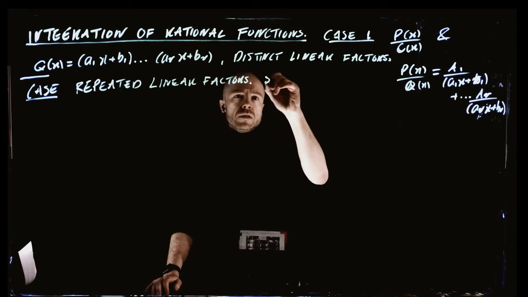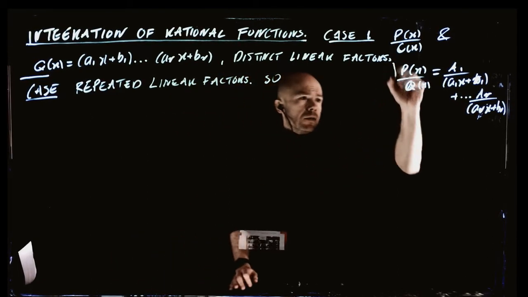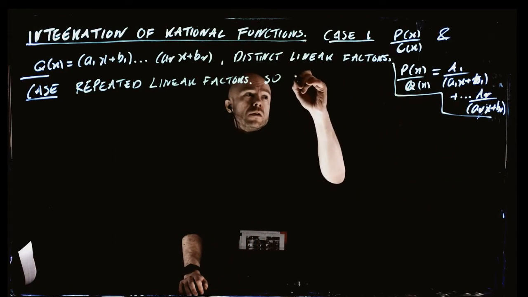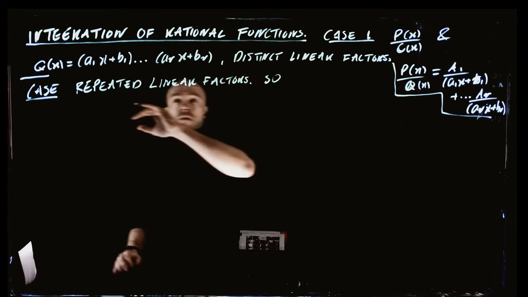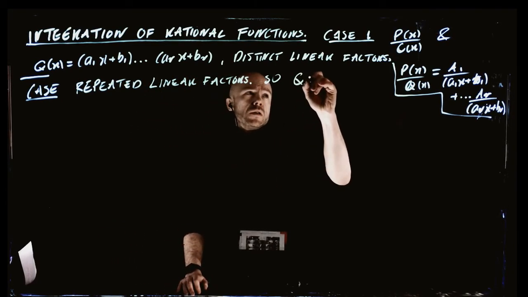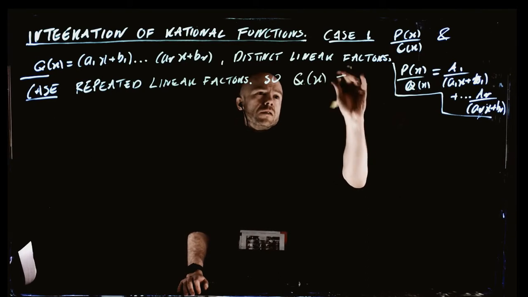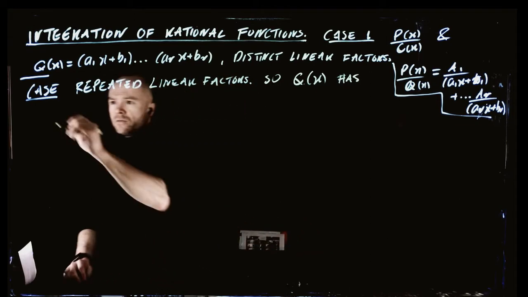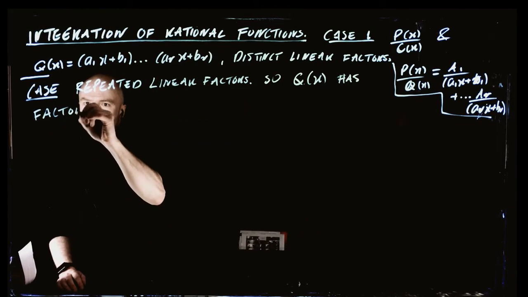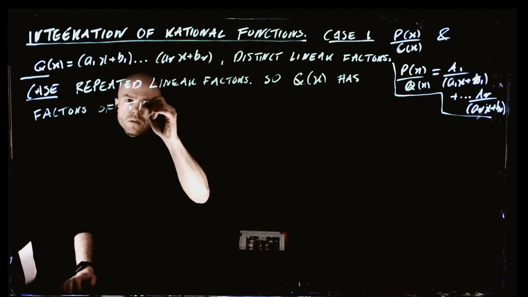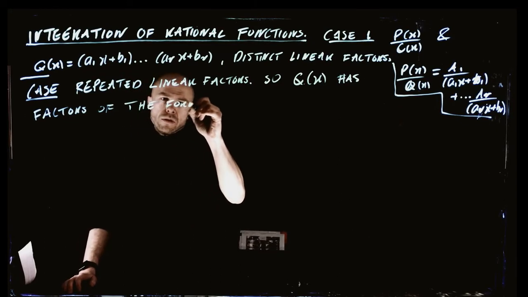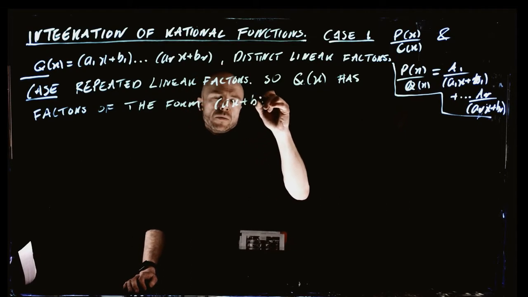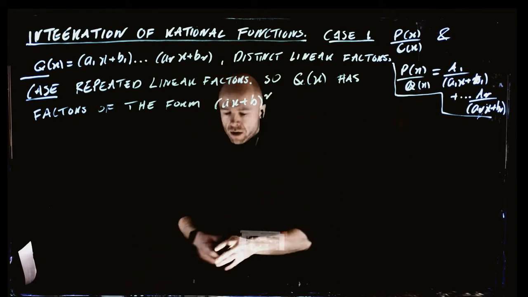So in this case, we have P of x over Q of x, where Q of x has factors of the form ax plus b to some power, say r.